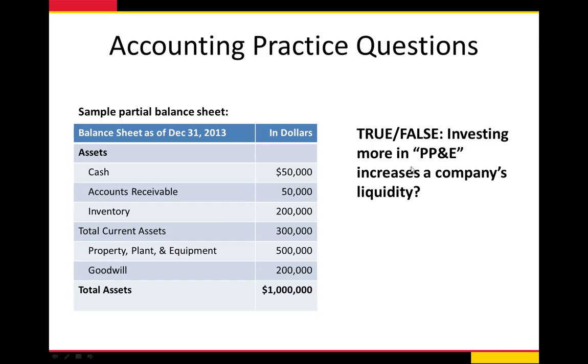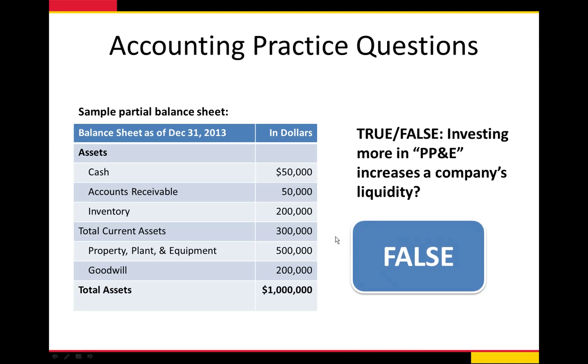Investing in more PP&E means you've got to actually take cash to buy a car, or a machine, or a building. So you're getting rid of cash to add to property, plant, and equipment. The answer here is false. It's actually going to decrease your company's liquidity.